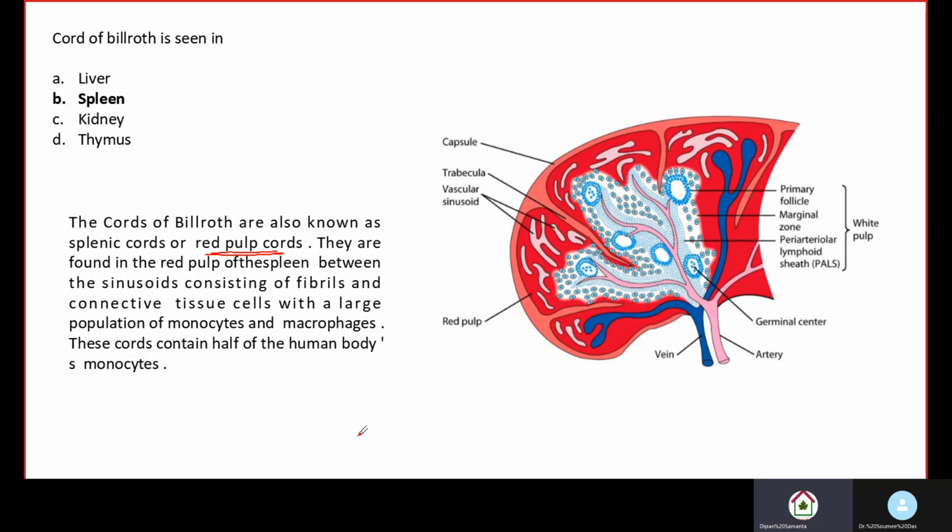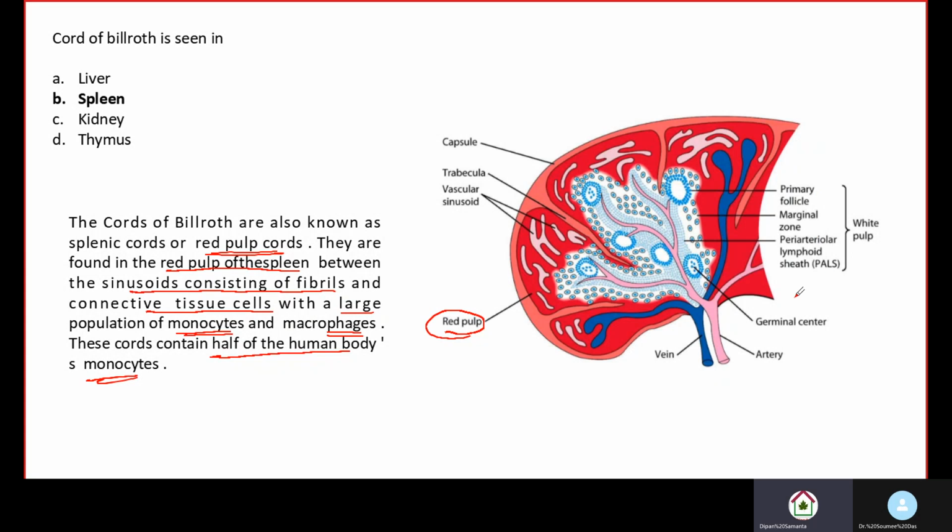They are found in the red pulp of the spleen between the sinusoids, consisting of fibrils and connective tissue cells with a large population of monocytes and macrophages. So cords are found in the red pulp.